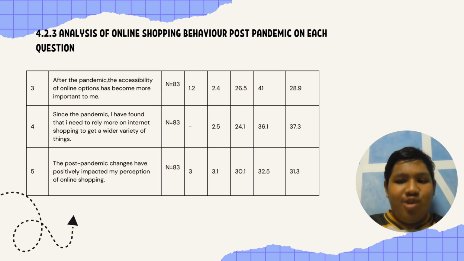Okay, while for question 3, with 41%, most respondents agree that the accessibility of online options has become more important in influencing online shopping behavior post-pandemic. The highest percentage for question 4 is 37.3%, which is strongly agree, showing that most respondents need to rely more on internet shopping to get a wider variety of things.